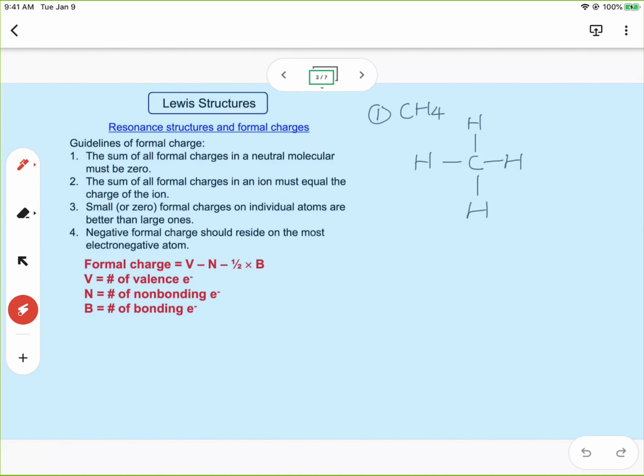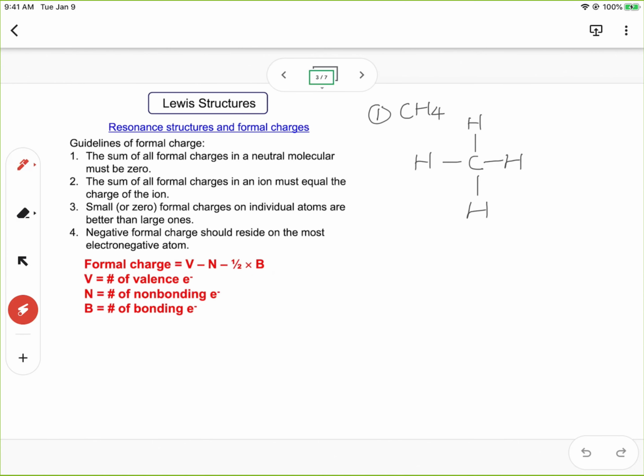Now let's use examples to demonstrate how we consider resonance structures and formal charge. I'm using the examples we used in the previous video, just to be consistent. We have a formula to calculate formal charge: formal charge equals V minus N minus half of B.